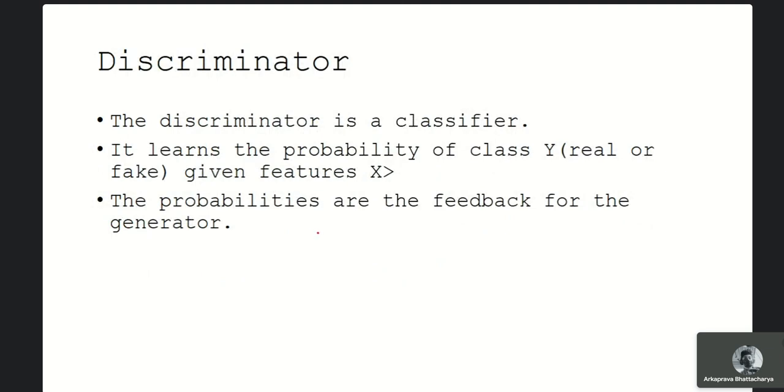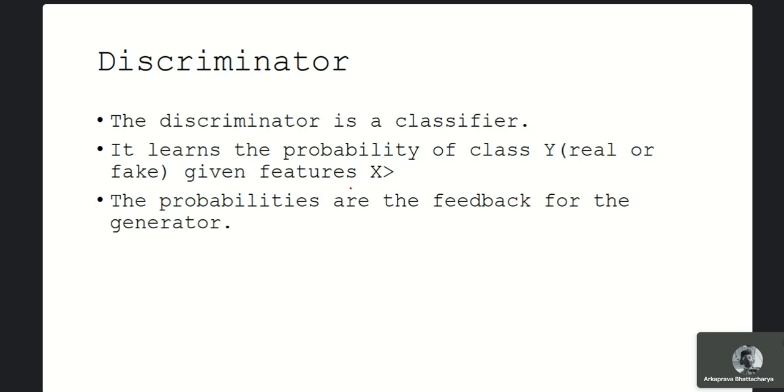So we'll move ahead and see what a discriminator is, what the model architecture of the discriminator is, and what the model architecture of the generator is. The discriminator is basically a classifier. It learns the probability of class y given features x.